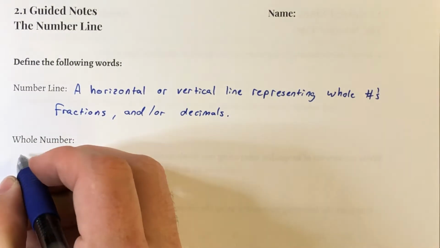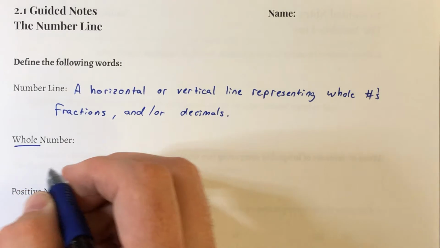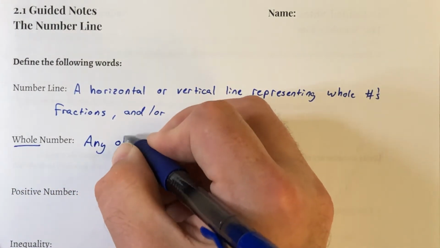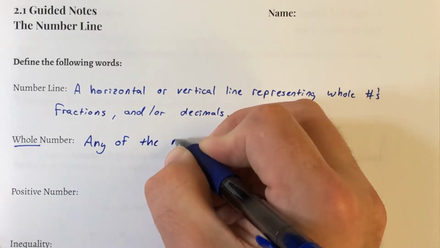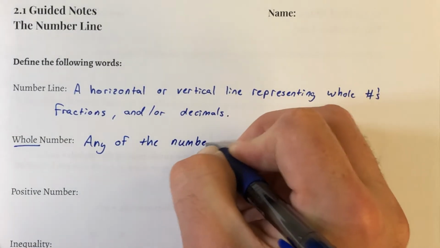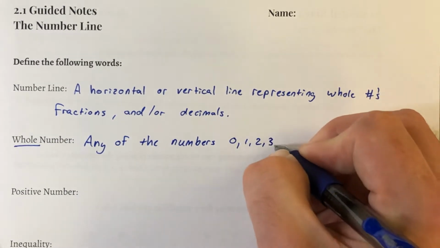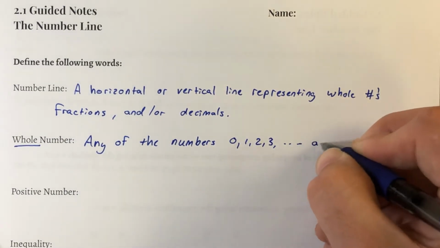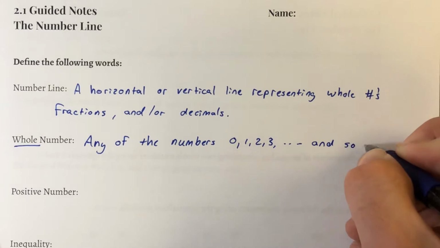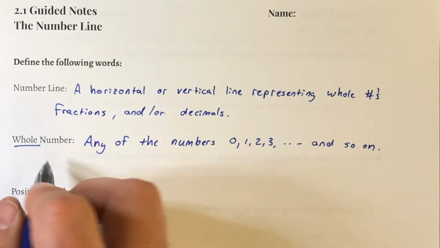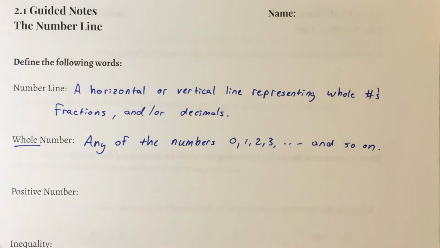Our next term, whole number. Whole number is any of the numbers 0, 1, 2, 3, and so on. Now, the first word, whole, means it's not broken or anything.